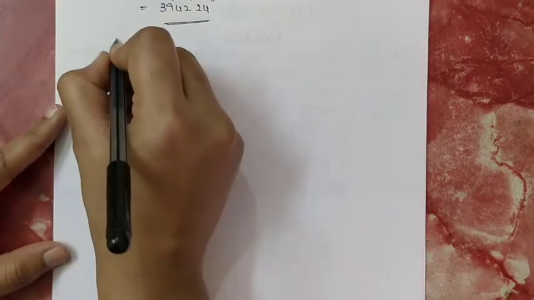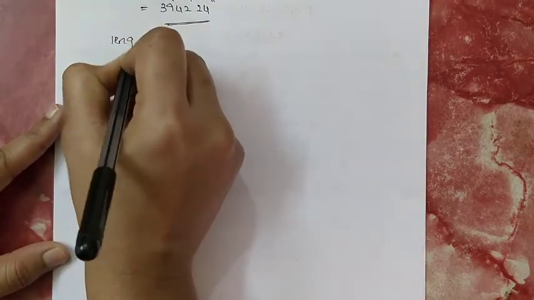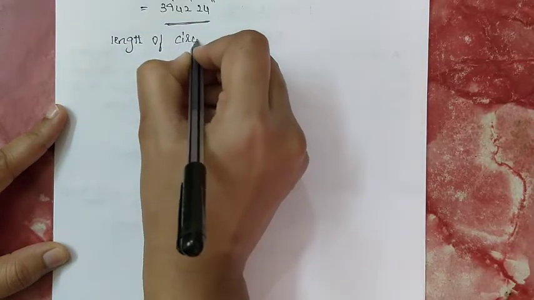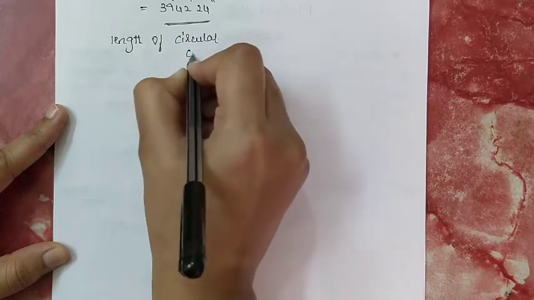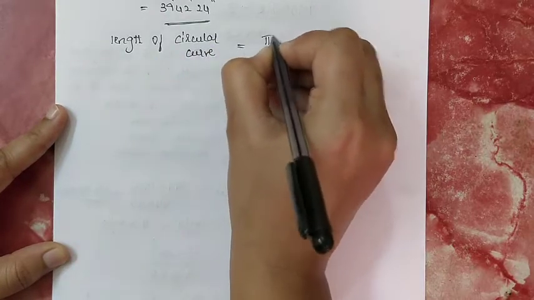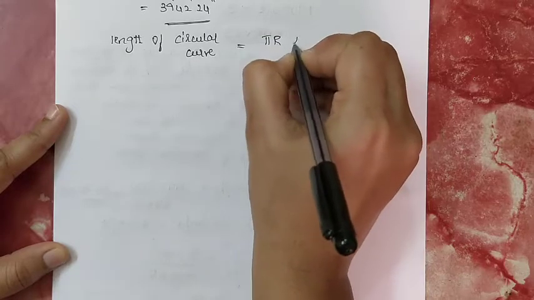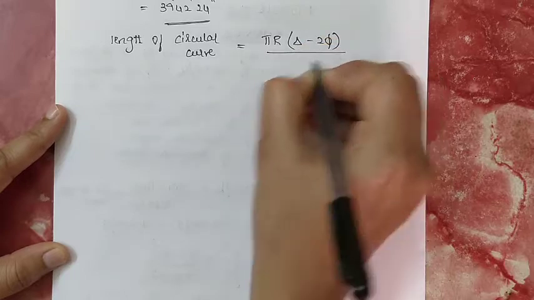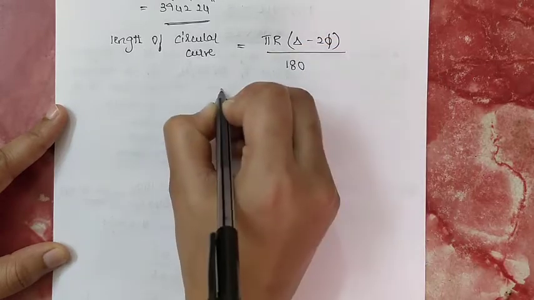Next you calculate the length of the circular curve. It is given by pi into R into delta minus 2 phi divided by 180 degree. Substitute the values.